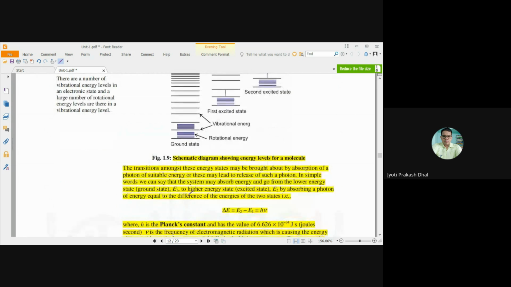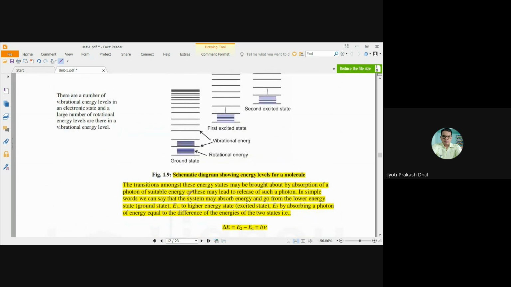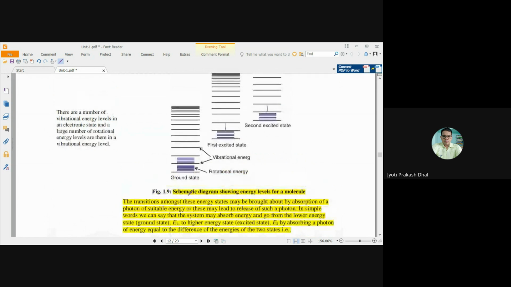So this is the schematic diagram showing the energy levels of a molecule. Here the first one is the electronic energy, and this is the vibrational energy levels. This is the vibrational ground state energy level, and within that vibrational level, different rotational energy levels are there, and this is the first excited state. The first one is the ground state electronic energy level.